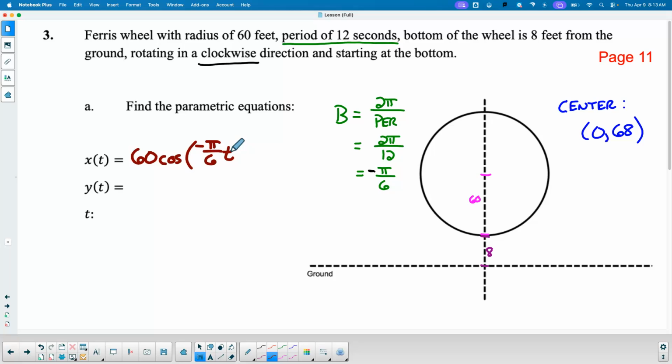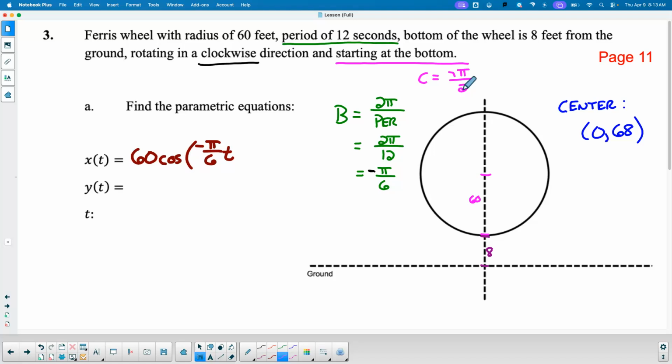I'm loading at the bottom. So do we want to go with a C value of negative pi over 2 or positive 3 pi over 2? Negative pi over 2 was the first one I heard, so let's go with the C value of negative pi over 2.